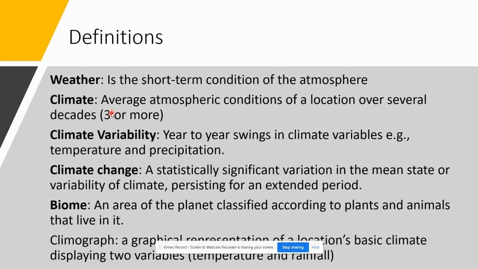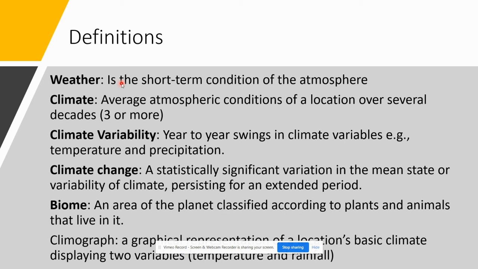But if you consider the shortest term, like tomorrow it might rain, the next day it might be really sunny, really hot, that is weather, on a day to day or hour to hour basis. That is the weather you see when you open the weather app on your iPhone.